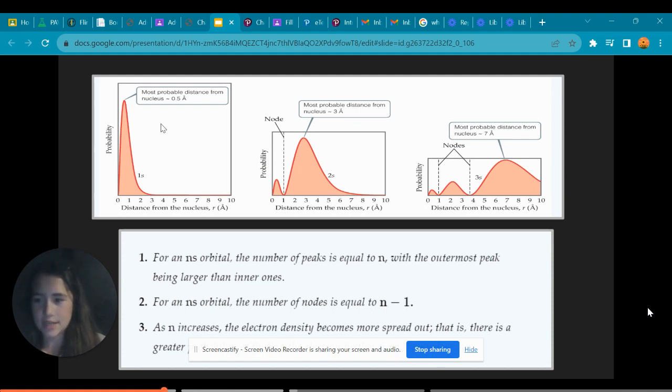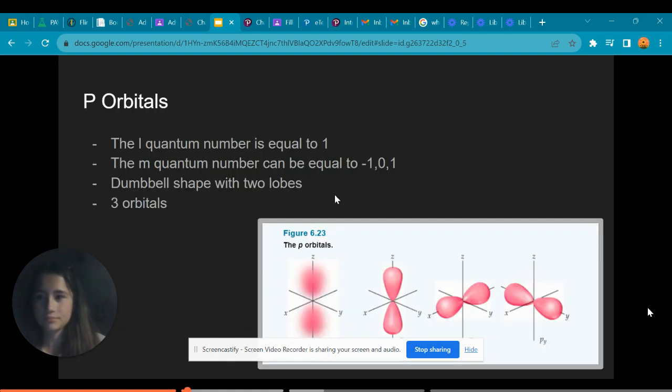And then obviously as n increases, the electron density becomes more spread out, and there is a greater probability of finding the electron farther from the nucleus. Next up, we have p orbitals. The L quantum number is equal to 1.